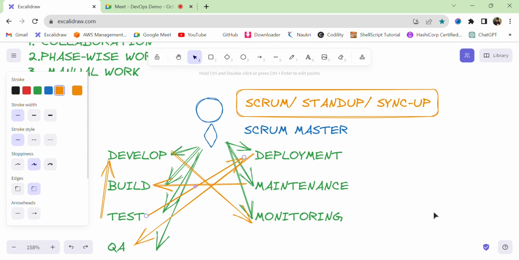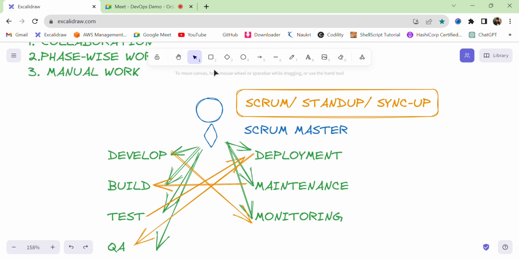He will avoid any internal conflicts, and he will give them a target date. He will tell them that you have to finish this particular work by so and so date, whatever it is. So you can see, rather than internal clashes, internal collaboration started happening.